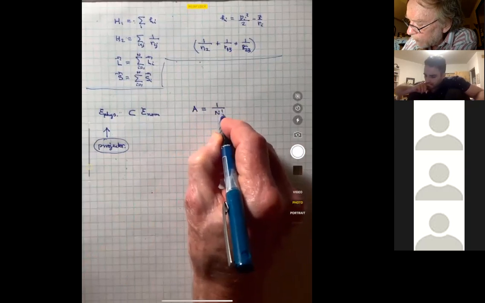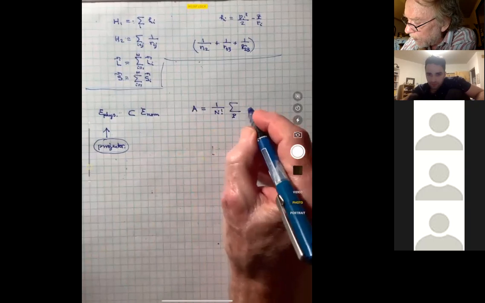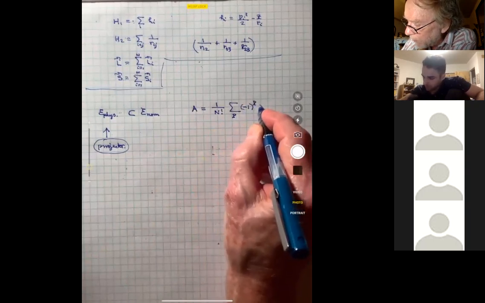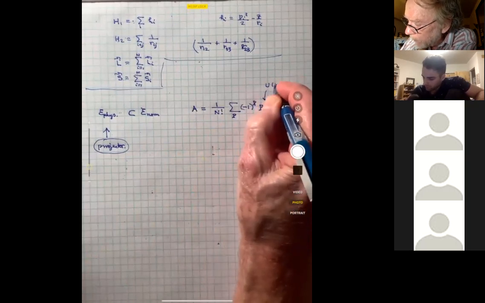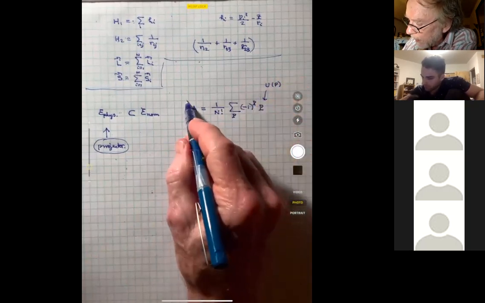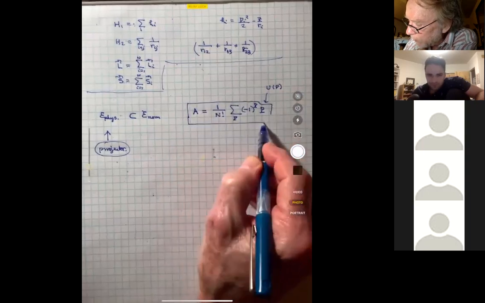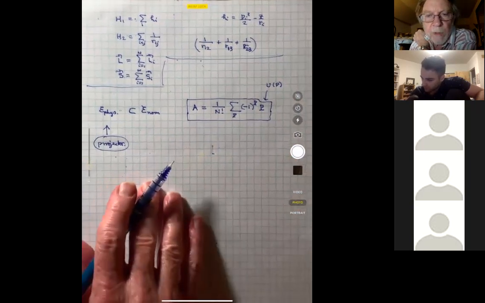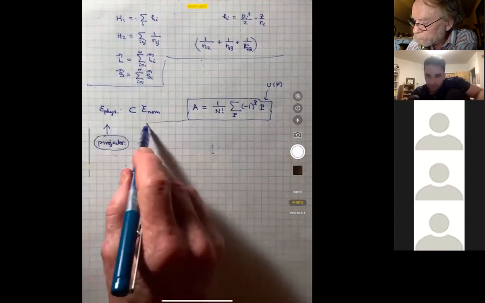It's 1 over n factorial, the sum over all permutations, of which there are n factorial of them, of the sign of the permutation, minus 1 to the p, times the permutation itself. And this P here really means U of P, because these are the operators that act on the Hilbert space. So this anti-symmetrizing projector is a projection operator, which I claim projects onto the physical subspace.